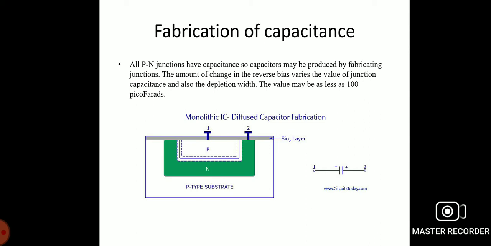So here the capacitance is proportional to A, where A is the area of the junction, and inversely proportional to T, where T is the thickness of the depletion layer. The capacitance value obtained can be around 1.2 nanofarad per square millimeter. The thin film or metal oxide silicon capacitance uses a thin layer of silicon dioxide as the dielectric.